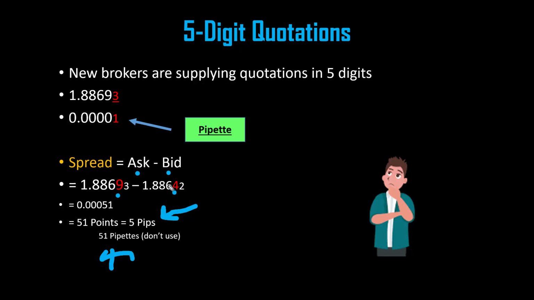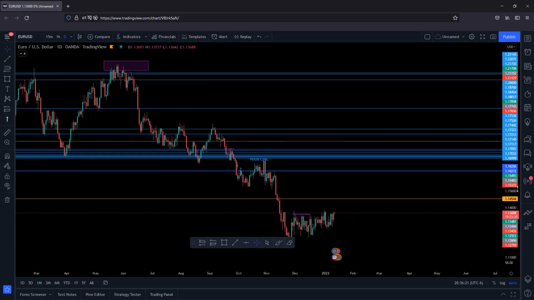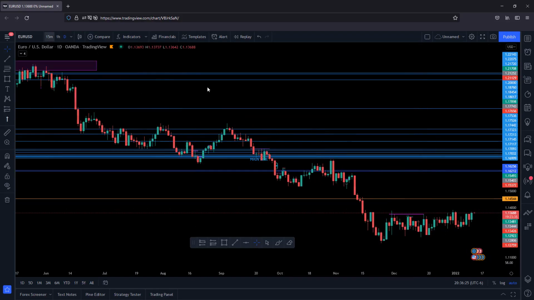0.8869, it was at 0.8864. It went from 0.8864 to 0.8869. It's 5 pips. So just important for me to make mention of that to you guys. In case you ever wonder, you look at the chart right here. Let me zoom in here, reset chart. I'll go back to the 15 minute.